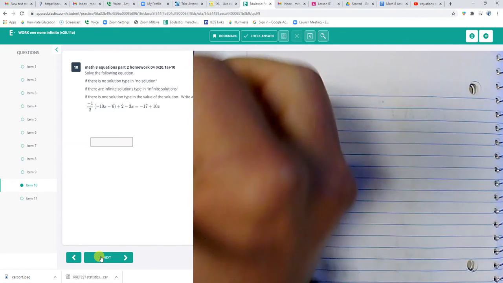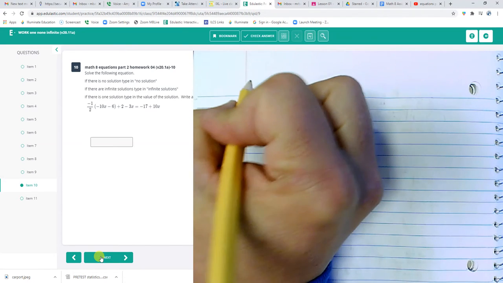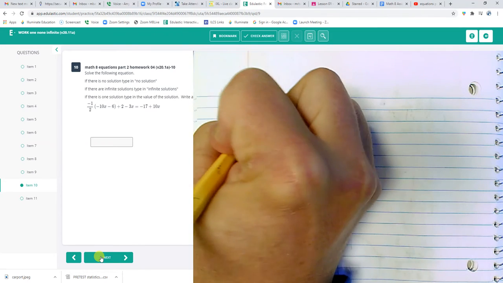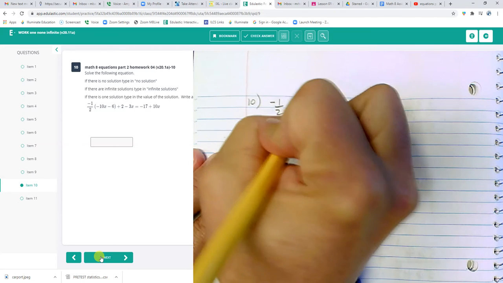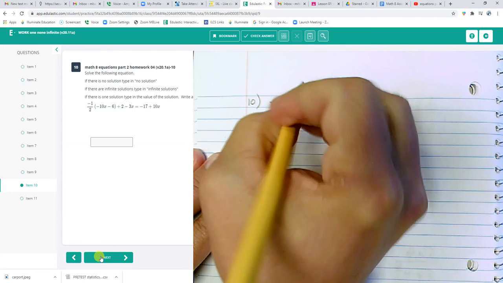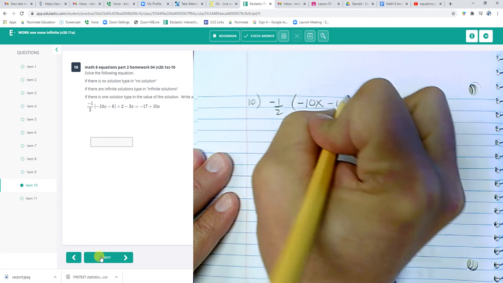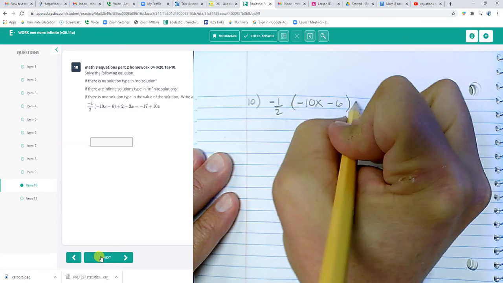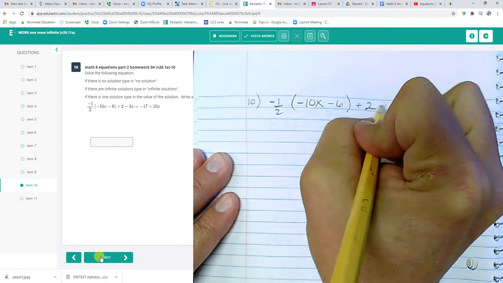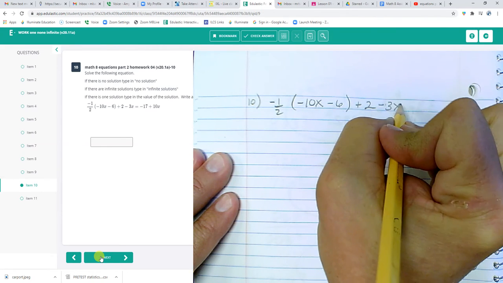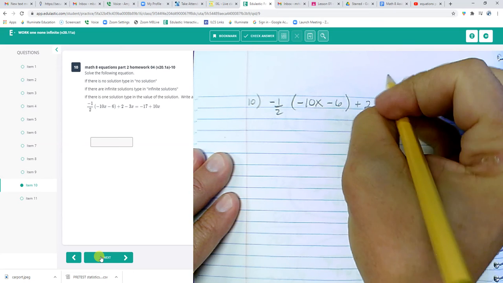Number 10. Negative 1/2 (negative 10x minus 6) plus 2 minus 3x equals negative 17 plus 10x.